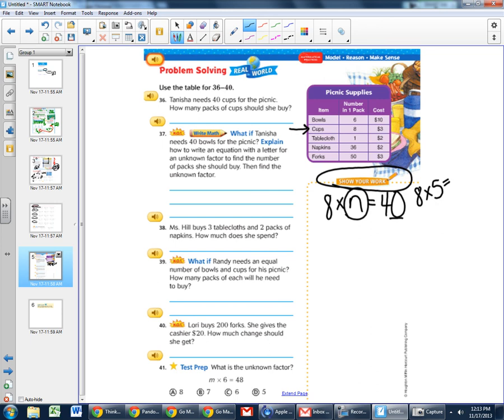We have 8, we're going to count by 5, 8 times: 5, 10, 15, 20, 25, 30, 35, 40. So n is going to equal 5. So she needs 5, and we're going to label it just like it asks us. It asks us how many packs, so we need 5 packs of cups.